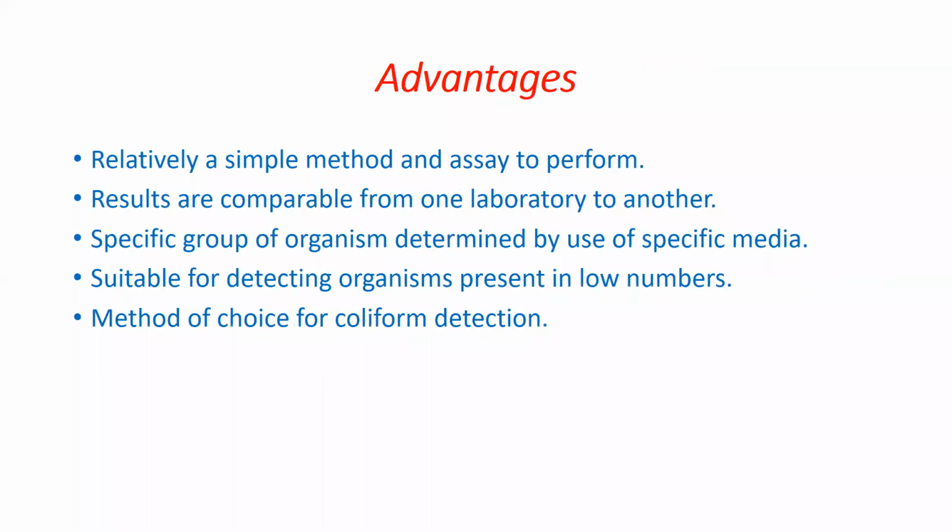The advantages are that it is a relatively simple method and easy to perform, and results are comparable from one laboratory to another. A specific group of organisms can be determined by use of specific media, it is suitable for detecting organisms present in low numbers, and it is the method of choice for coliform detection.